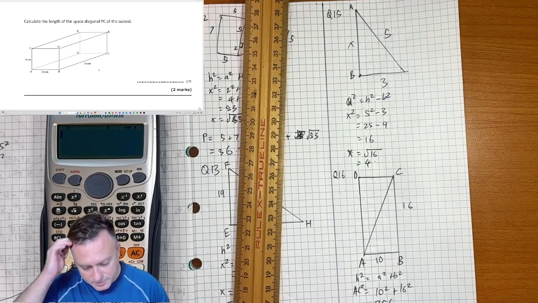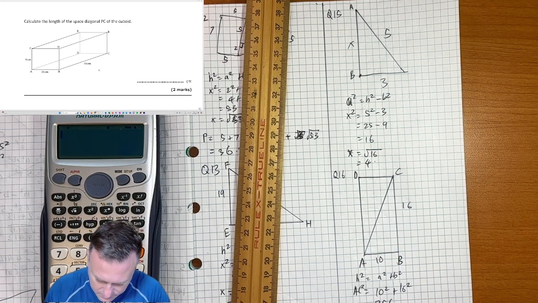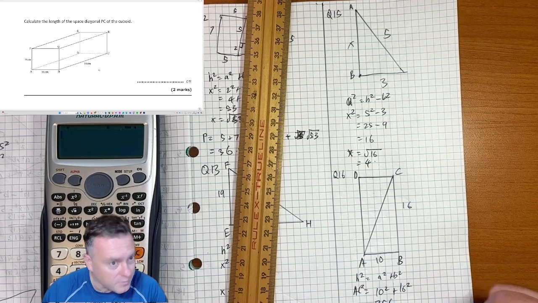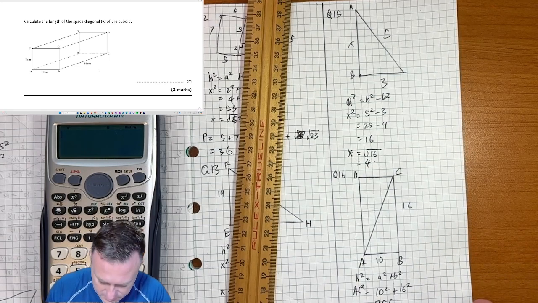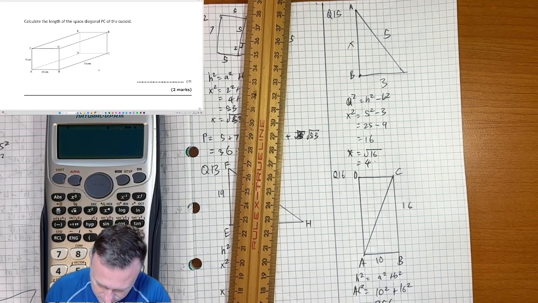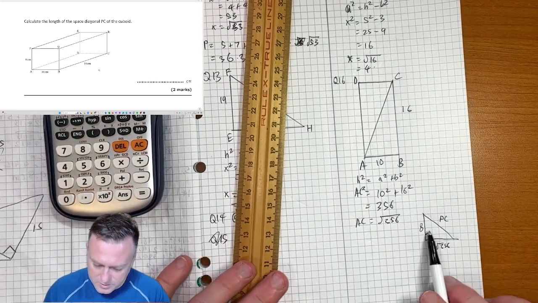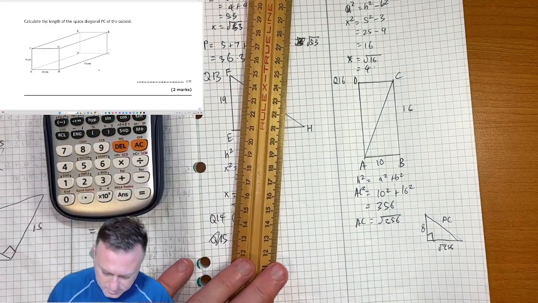Now I'm just going to leave that for now. So then to draw a little diagram, if I want to find PC, which is this distance here, I know the base is the square root of 356, and I know the height's 8. So now I can use this information to find PC.